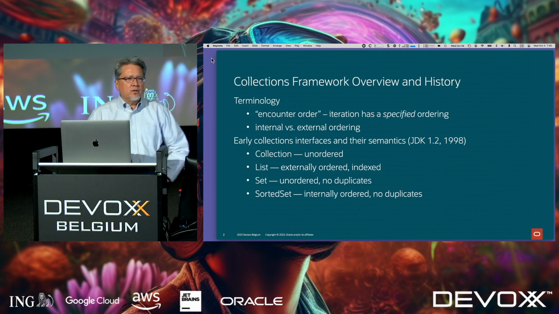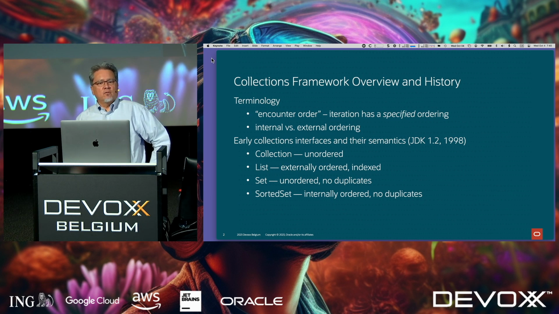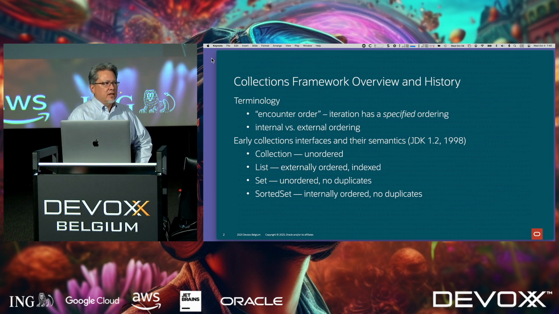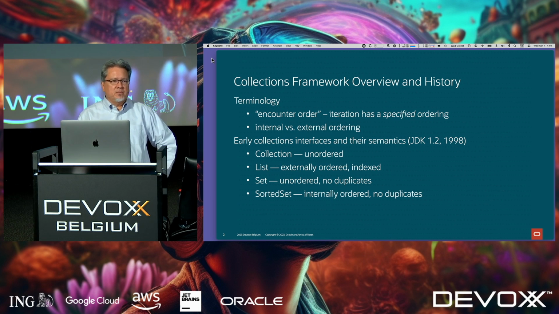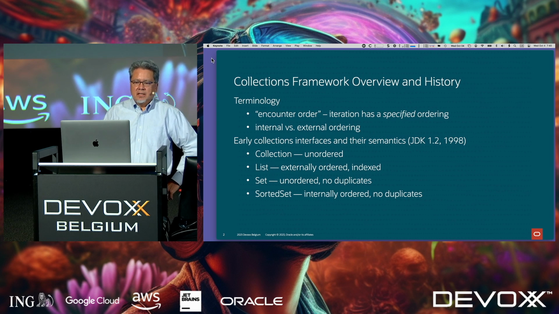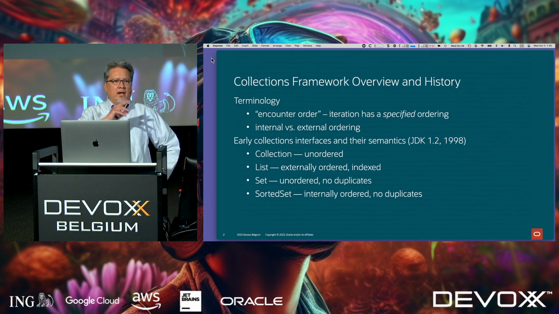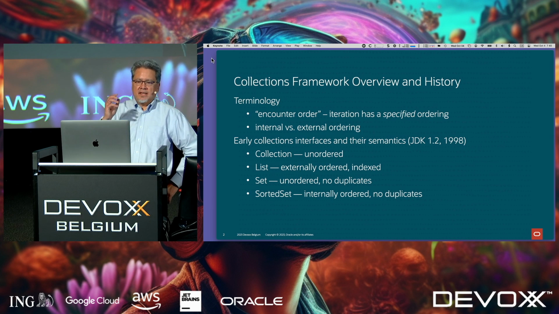So if we look at the original collections framework when it was introduced into the JDK in version 1.2, all the way back in 1998, these were the core abstractions in the collections. There was Collection itself, which is simply unordered. There's List, which is externally ordered because you can specify where things go in the list and they stay there.